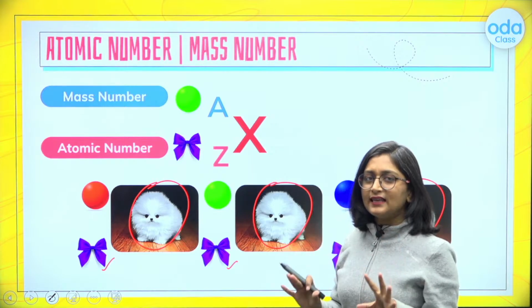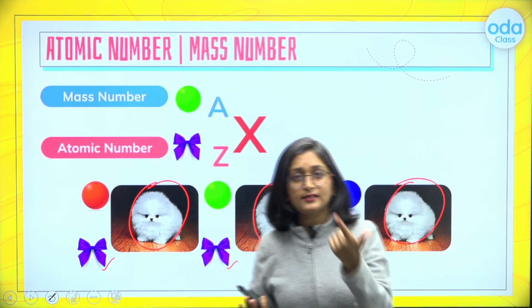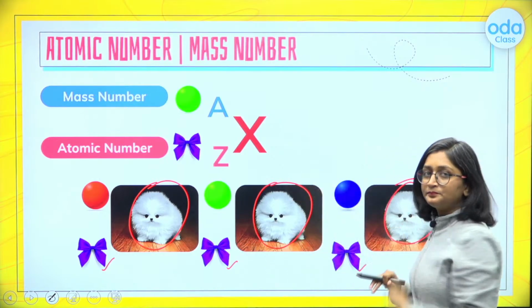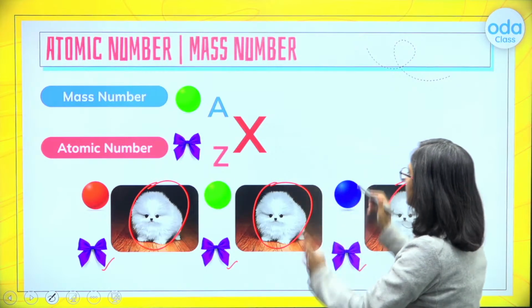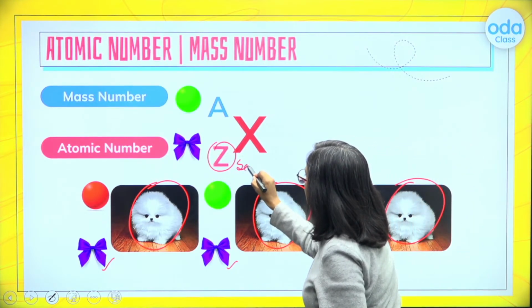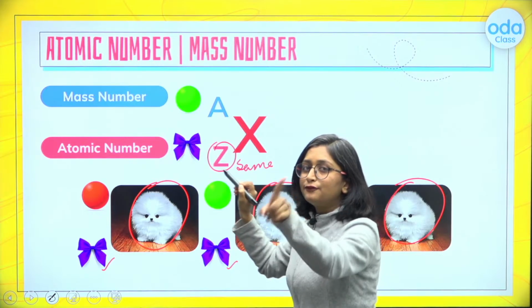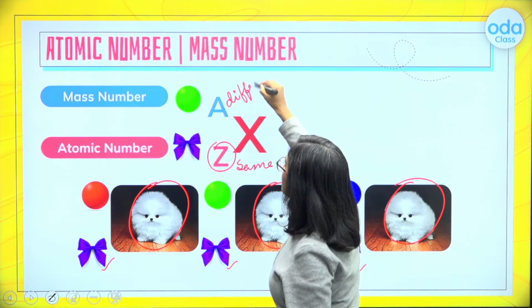So what is the same in this case, children? What is the same in all these categories? Atomic number or mass number? Atomic number is the same, right? Here we can say that atomic number is the same, whereas atomic mass is different. Got it? Done?